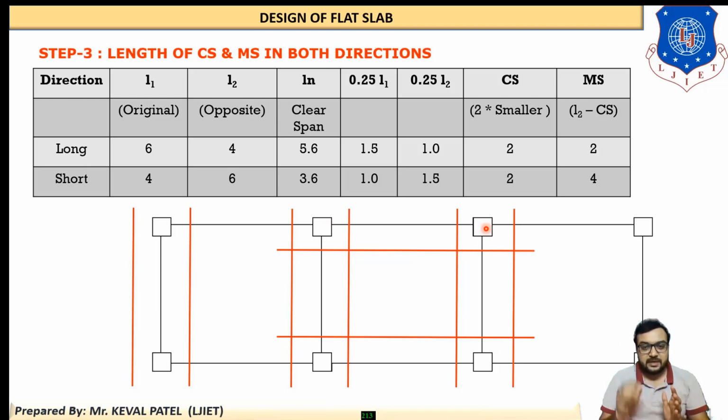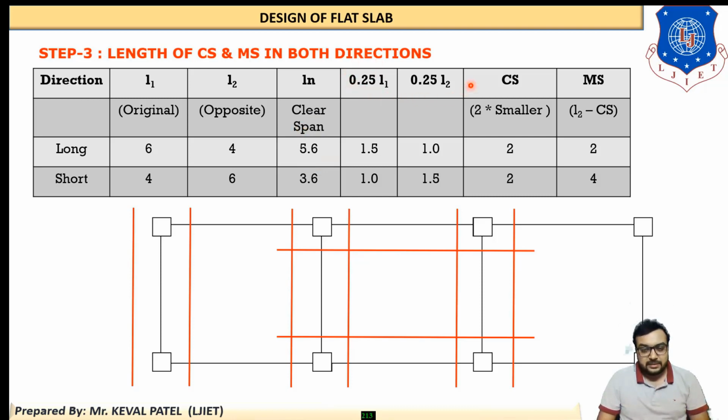So 6 minus 0.4, because our column has a size of 400 by 400 mm, which is equal to 5.6. So this is our value of Ln.